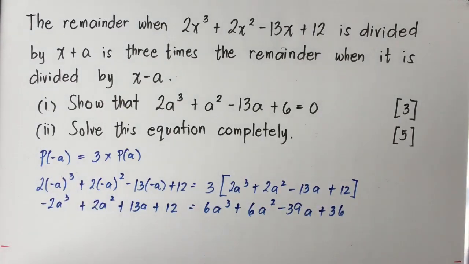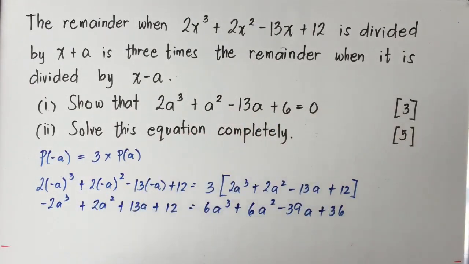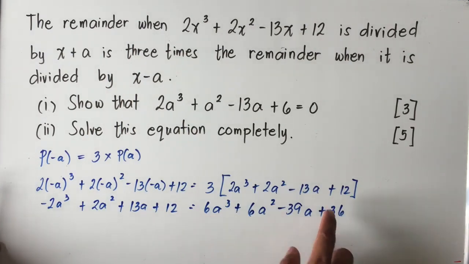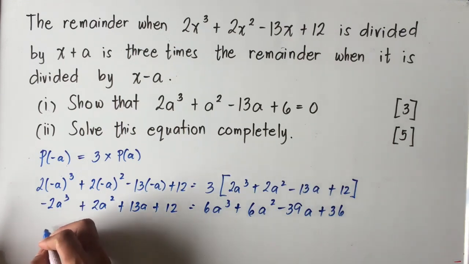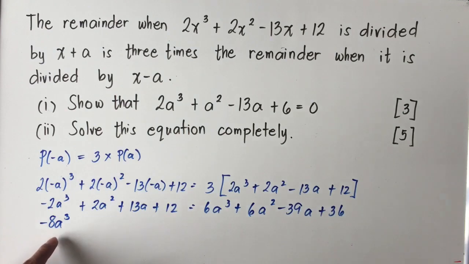So that you can come up with this equation, you have to equate everything to 0, or move everything on the right side to the left side. So you will have negative a cubed. Where did I get negative a cubed?